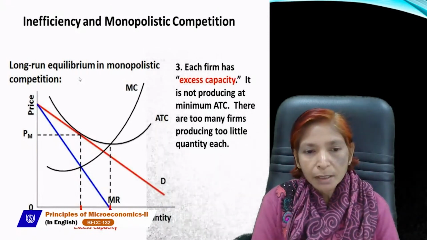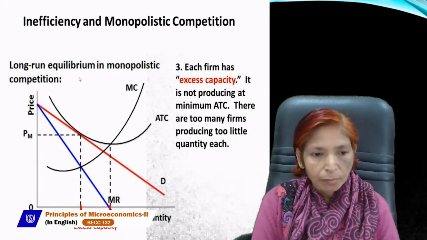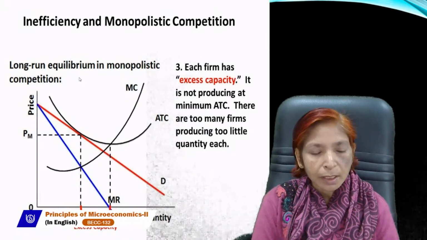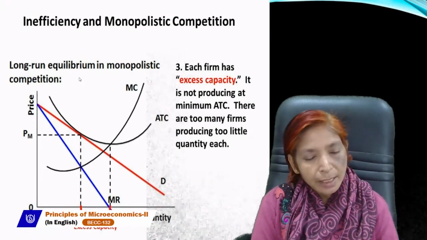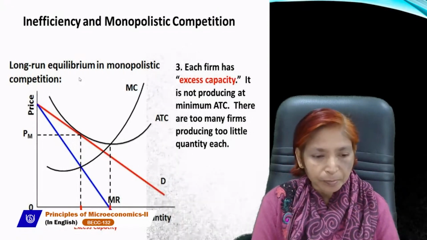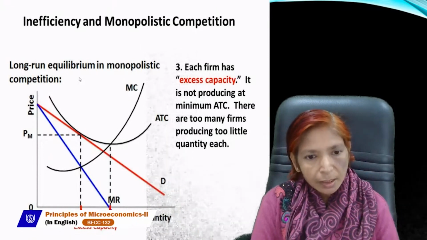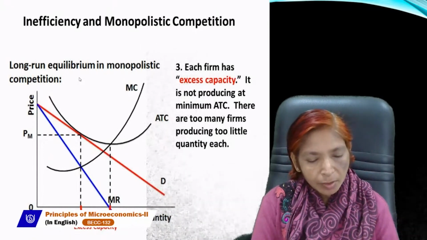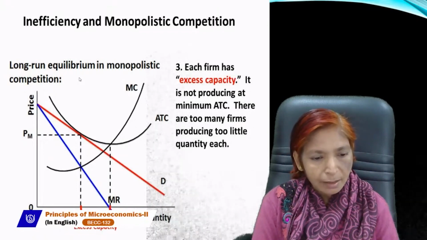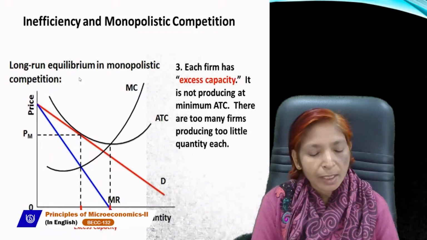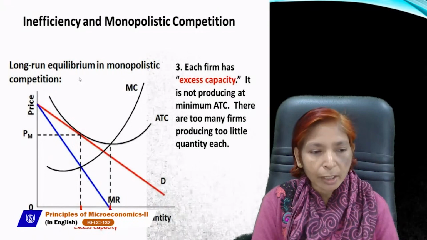But where MC cuts AC, the cost is minimum. The firm can produce more because where the cost is minimum, the firm's expenditure is less. How much more can the firm produce? The quantity where AC cuts MC, this equilibrium point shown by the red line, QC, represents the quantity of the competitive market.